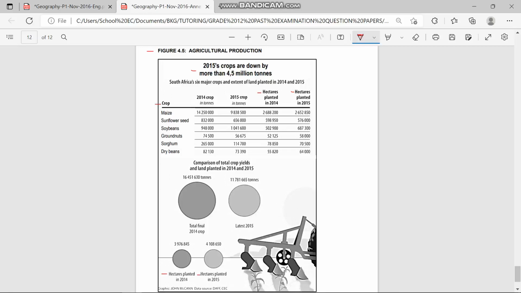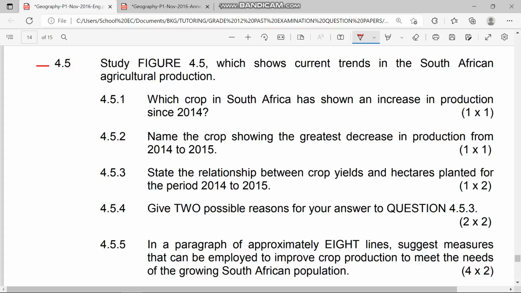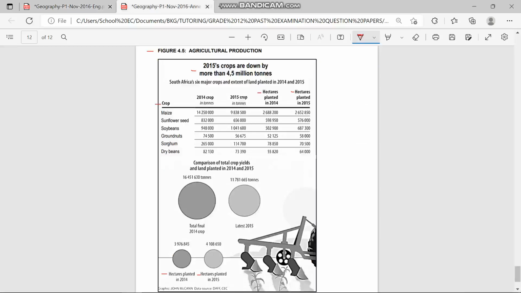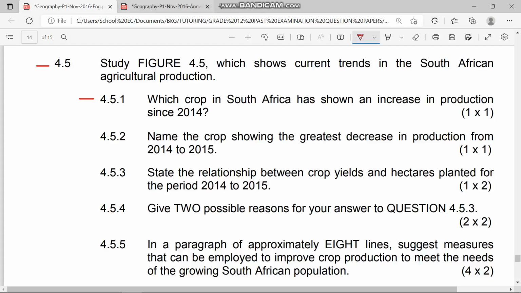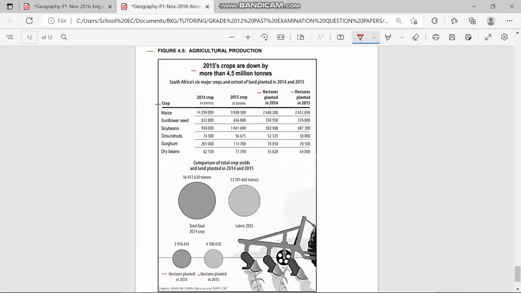4.5.1 says, which crop in South Africa has shown an increase in production since 2014? If you look at the soya beans, soya beans have increased.